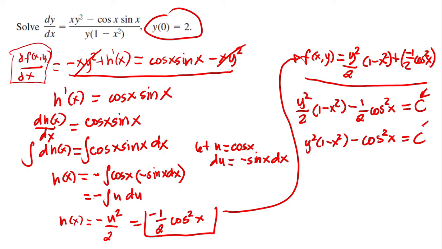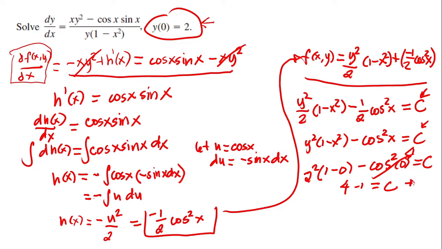To find the value of our arbitrary constant c, we apply our initial condition. The value of y is 2 and the value of x is 0. So we have 4 times 1 minus 0 minus cosine squared 0 equals c. Cosine squared 0 is equal to 1, and 2 squared equals 4. So 4 minus 1 equals c. So our c is just equal to 3.